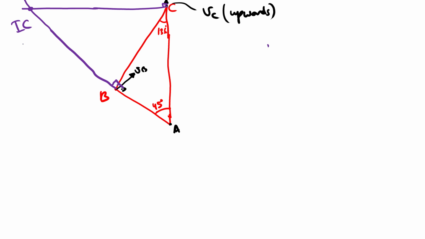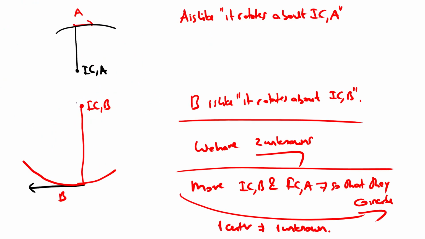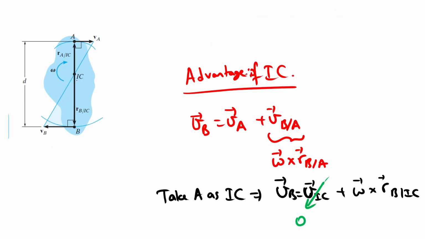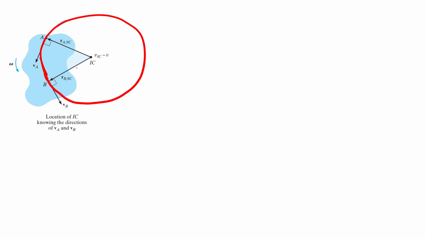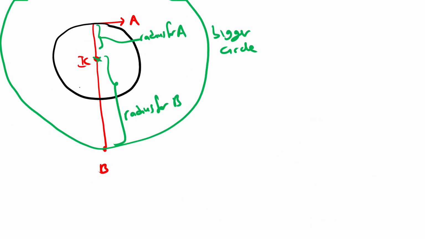You can also check, this one is very similar to this problem here. You see, I have point A, I have point B. There is a common center for A and B such that A and B rotate around that common center.